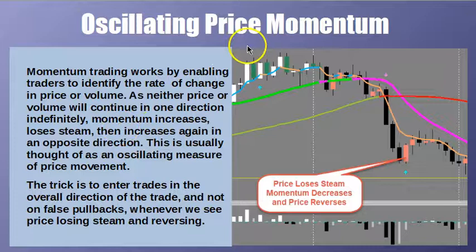Now, oscillating price momentum. Okay, momentum trading works by enabling traders to identify the rate of change in price or volume. As neither price nor volume will continue in one direction, right? A trend cannot continue in one direction indefinitely. And usually, as I just explained, the trends are very short term in these erratic markets.